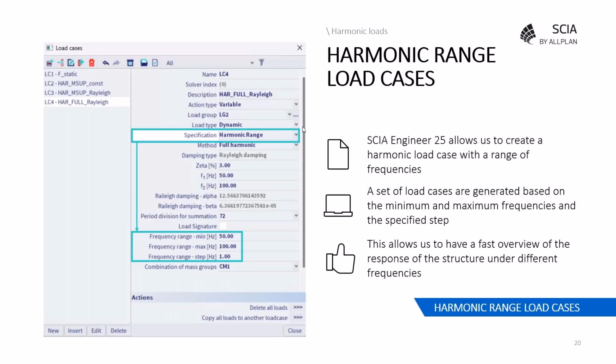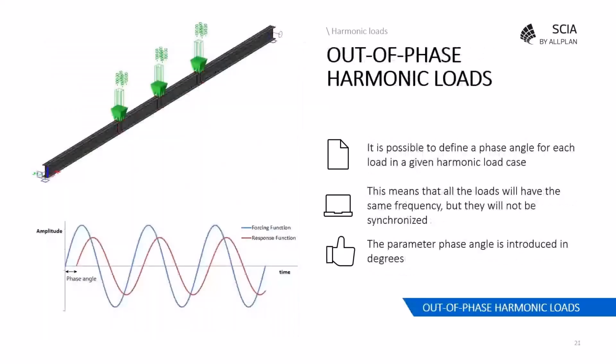So it will create 51 load cases going from 50 to 100 Hertz with a step of 1. This allows us to have a fast overview of the response of the structure under different frequencies. It lets us create these load cases faster and group them in a certain class later on to have an overview of the results.